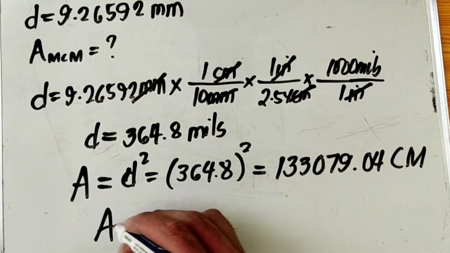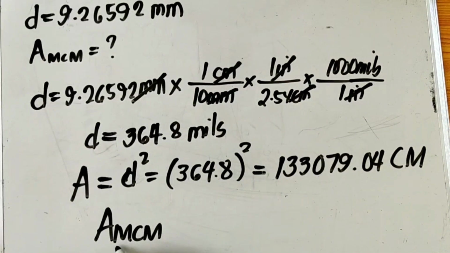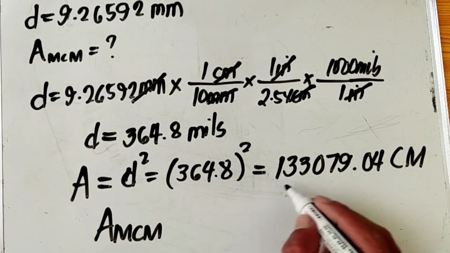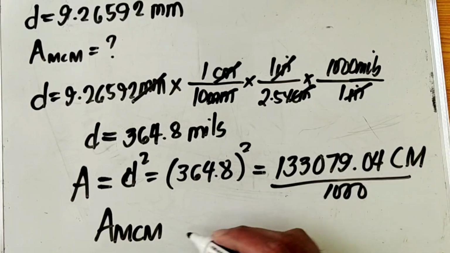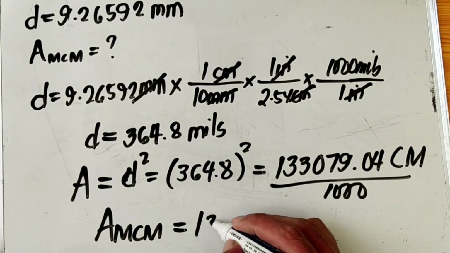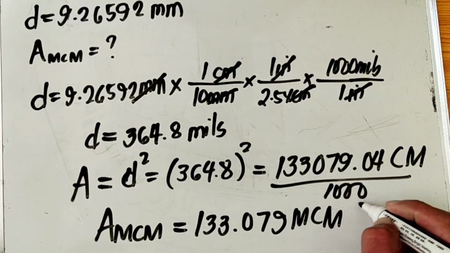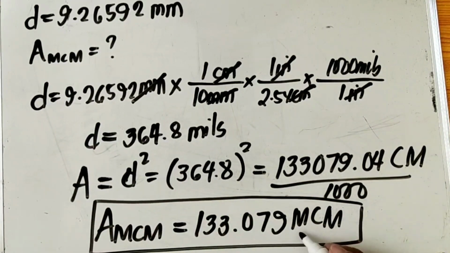So in getting area in MCM, M here stands for 1,000, as in the Roman numeral M. Let's just divide this by 1,000. Therefore, area in MCM is 133.079 MCM. So this will be the answer. Again, M stands for 1,000.